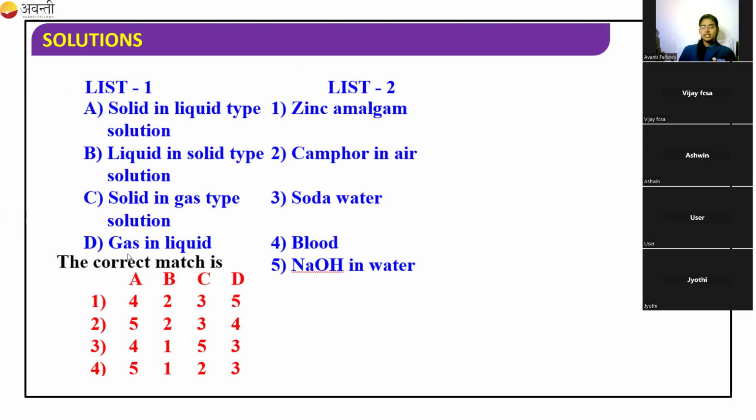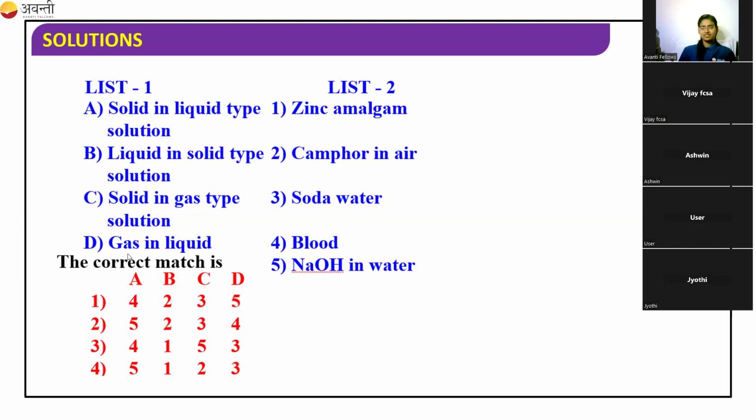So find out the example for the first type, solid in liquid. Has anyone got the answer? Among these 5, which was the correct answer? Okay, you are all giving me the correct option.